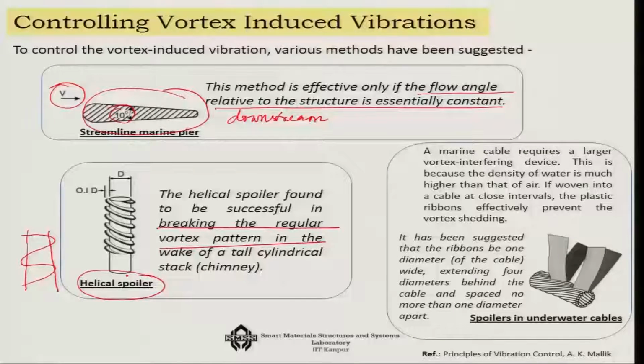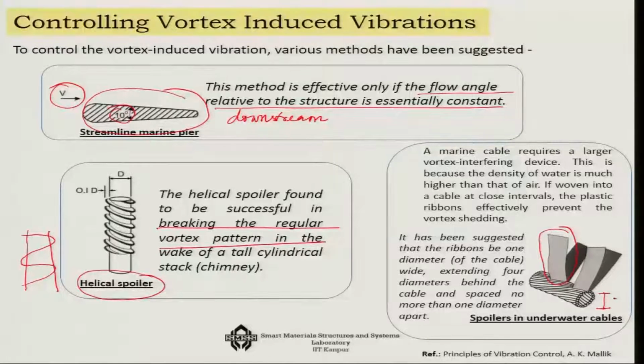In marine, particularly for the offshore structures like cables etc., they use a slightly different strategy for vortex separation. Here you will see that they use plastic ribbons which are generally woven with the cable structure itself, and typically they are quite big.